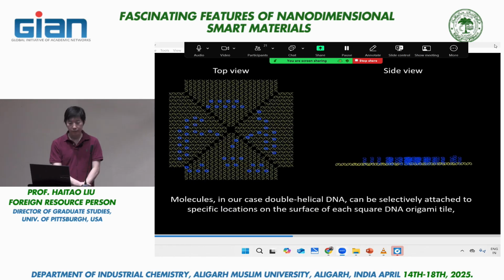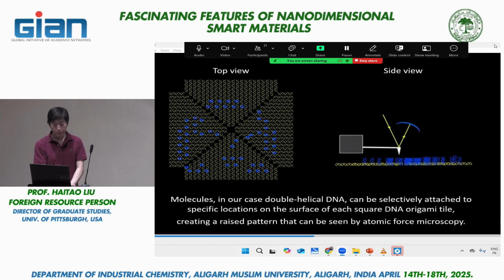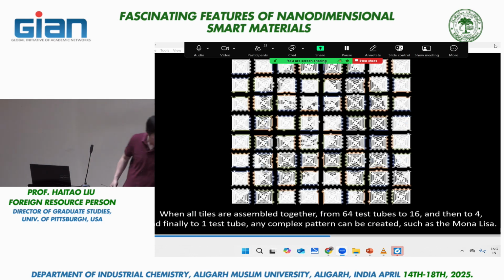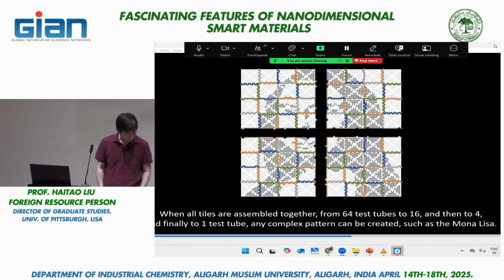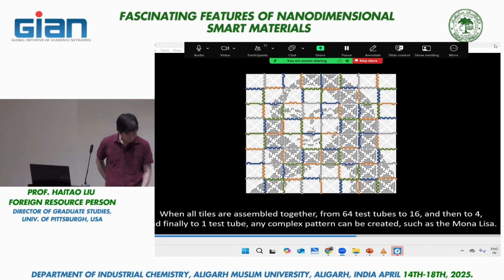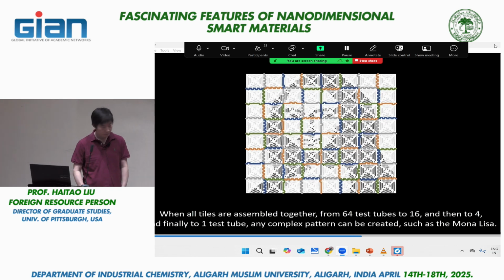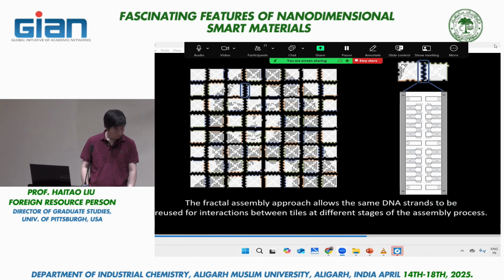Molecules, in our case, double helical DNA, can be selectively attached to specific locations on the surface of each square DNA origami tile, creating a raised pattern that can be seen by atomic force microscopy. When all tiles are assembled together, from 64 test tubes to 16, and then to 4, and finally to 1 test tube, any complex pattern can be created, such as the Mona Lisa.